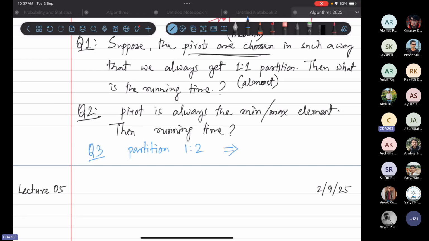What was the running time in that case? Can anyone tell me? O of n log n. What was the base of this logarithm? 3/2.